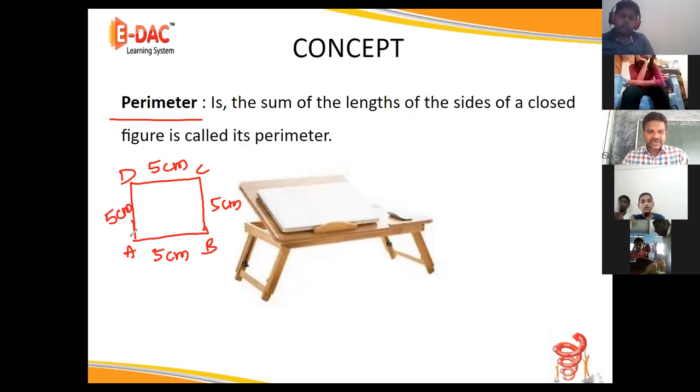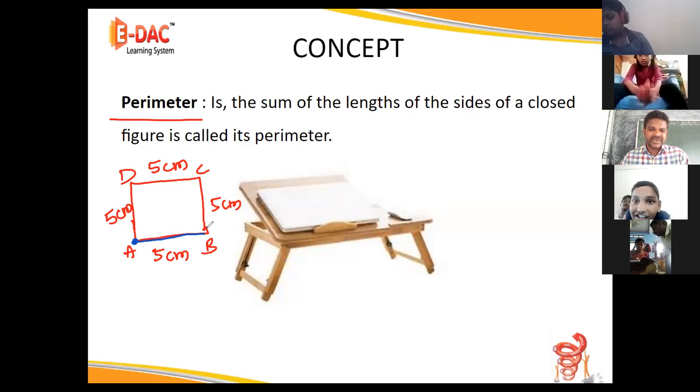If one person starts from here and goes around the figure from A to B, that means he completed 5 centimeters.